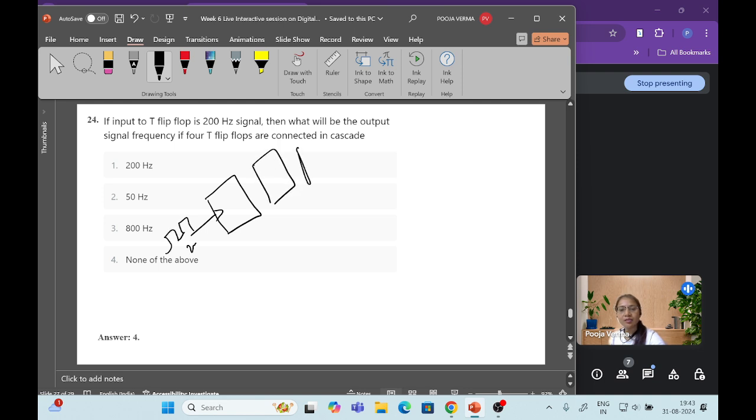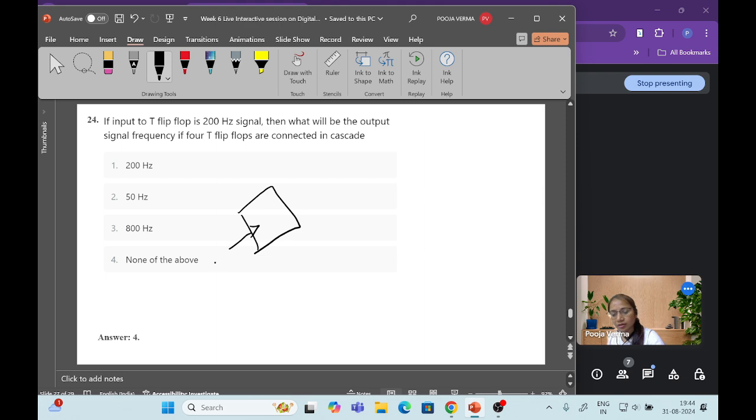If we cascade the 4 T flip-flops, what will be the output frequency of this signal? So we need to find out the output frequency of these 4 T flip-flops. I am drawing it with a clock, or we can say the input frequency. Now this is Q, and this one is Q dash.